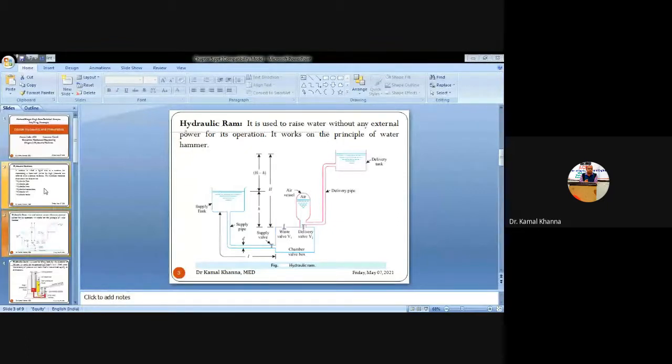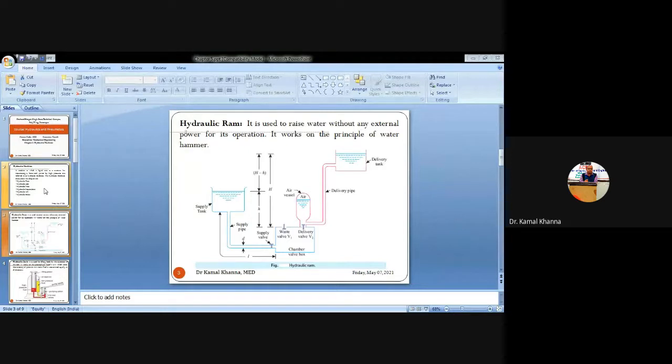You can see the last component left to discuss is the air vessel. The air vessel is basically an inverted bell-shaped vessel connected with the chamber valve box and the delivery pipe, and compressed air, that is air at higher pressure, is filled in this vessel. You can see this is the cursor of the mouse.